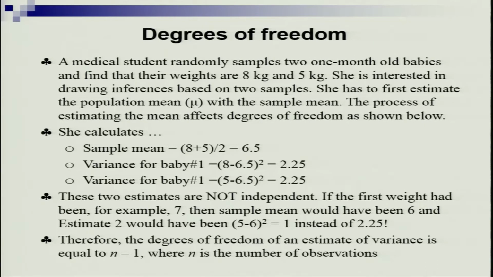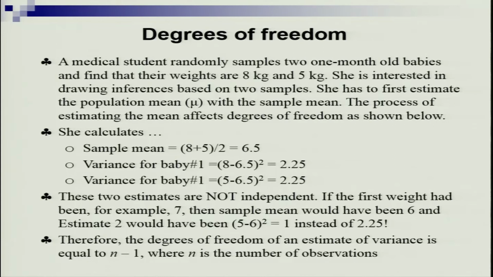So, basically you see that when you are estimating some sample statistic, then actually you do not have all n independent observations. If you have some steps to arrive at the final sample statistic, which is your destination, then in this process en route, if you are calculating some other sample statistics, you have to take that into account, and deduct that from the original number of observations, and that is called the degrees of freedom.